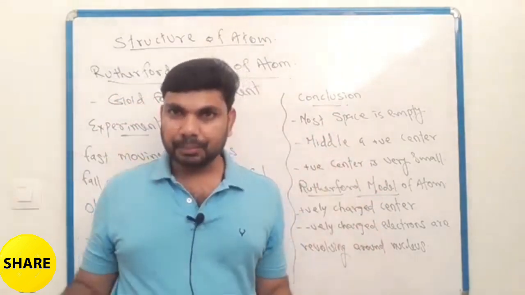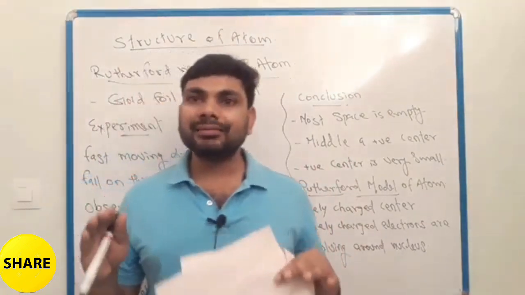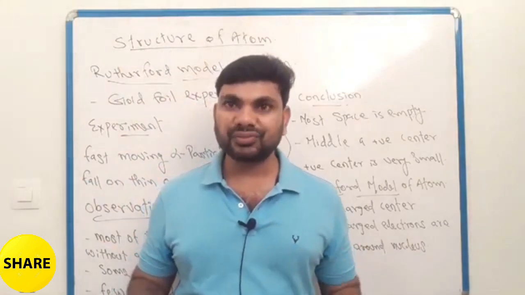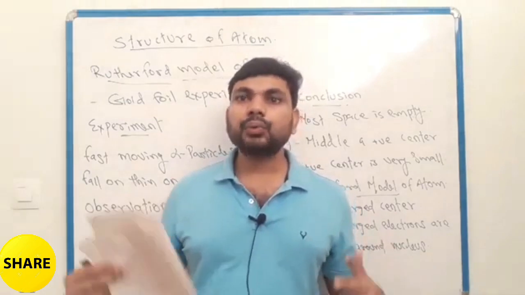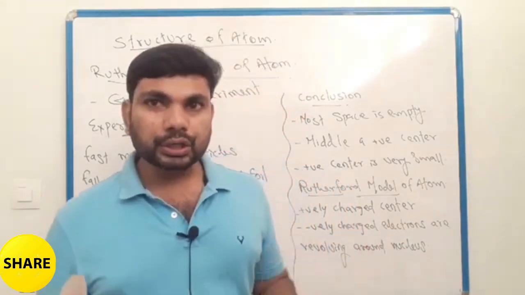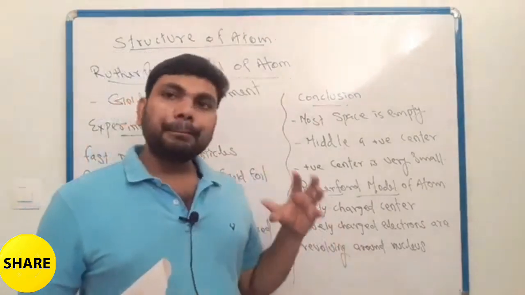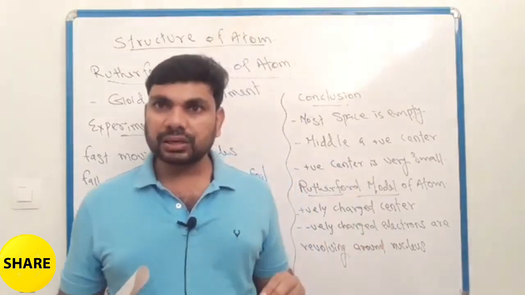From this experiment, observation and conclusion, Rutherford introduced his model of atom. So here we can explain Rutherford model of atom. According to Rutherford model of atom, in the middle of atom there is a positively charged center.